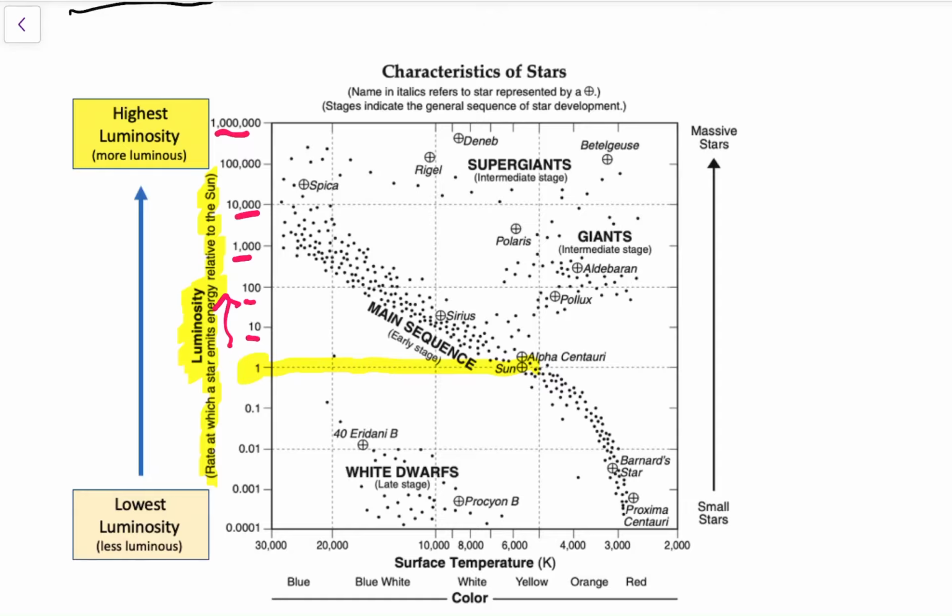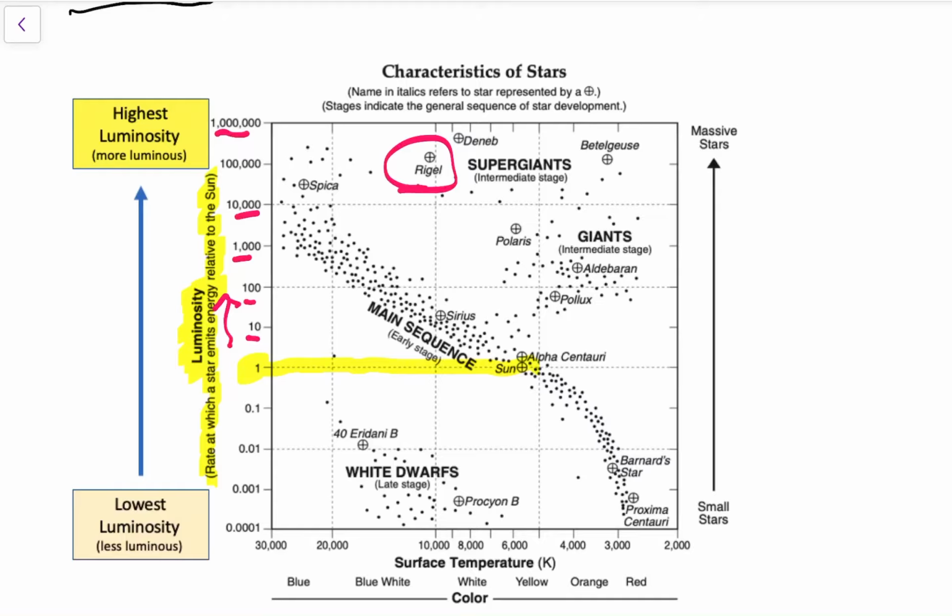Any star that has a luminosity higher than 1 is brighter than the sun. So for example, if we find the star here, Rigel, it is higher up on the chart than the sun. Rigel is more luminous or brighter than the sun.